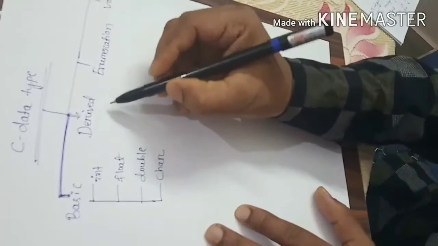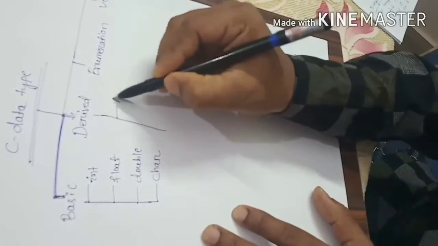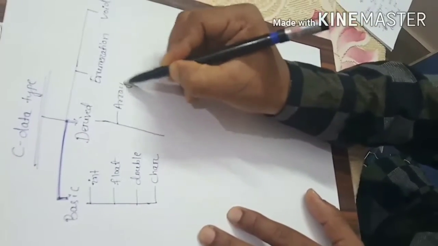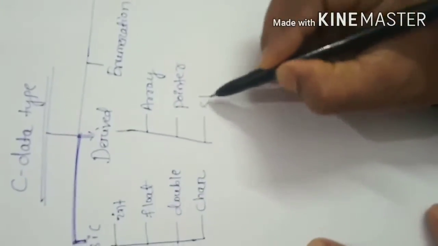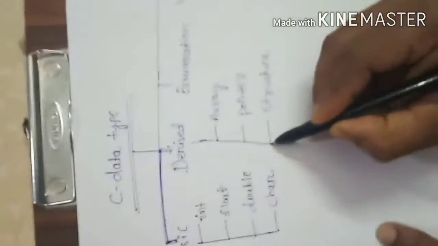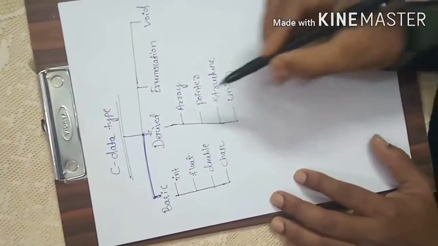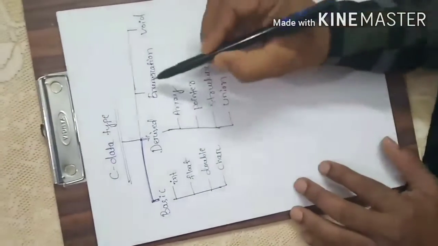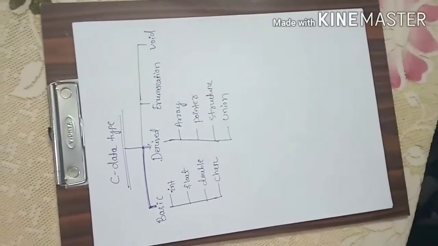In derived, we have again 4 types: array, pointer, structure, and union. Enumeration and void, these are 2 separate data types.